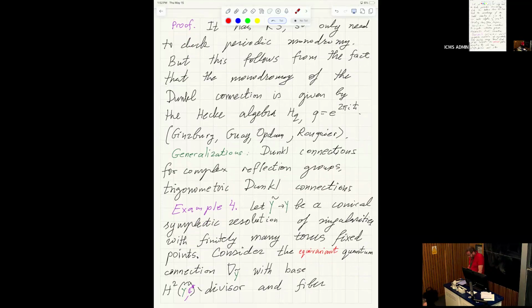Then we consider the last example, which comes from enumerative algebraic geometry. And this is a story about symplectic resolutions of singularities. So if I have a conical symplectic resolution with finitely many torus fixed points, then this defines a so-called equivariant quantum connection.